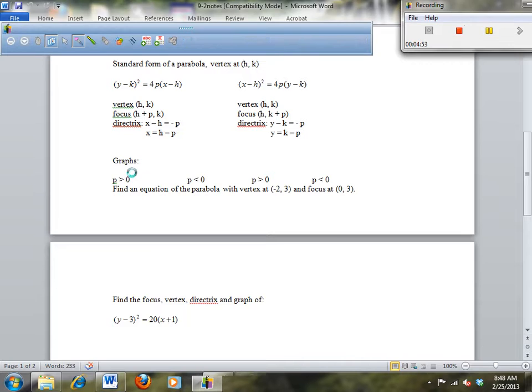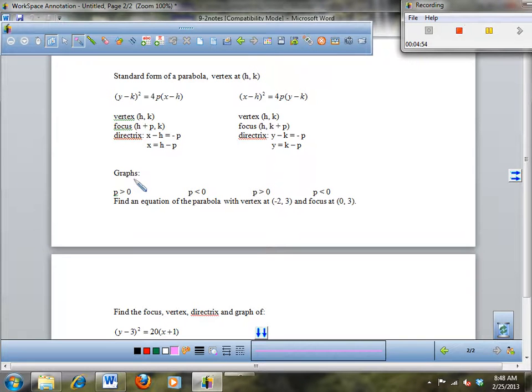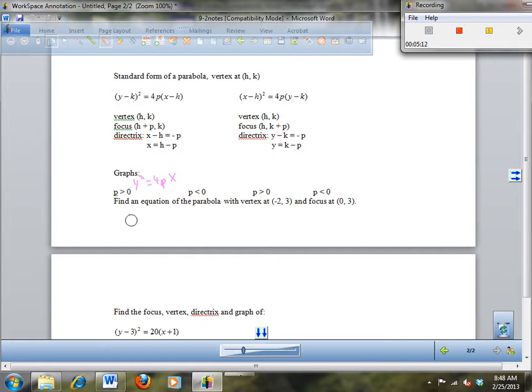So if it's a y squared parabola, y squared equals 4px, then those ones are going to look like to the right if it's positive. That's not a very good graph. To the right if it's positive, and to the left if P is negative. It's supposed to be the shape of a parabola. Okay, so that's a parabola. One more try. I'll try again.